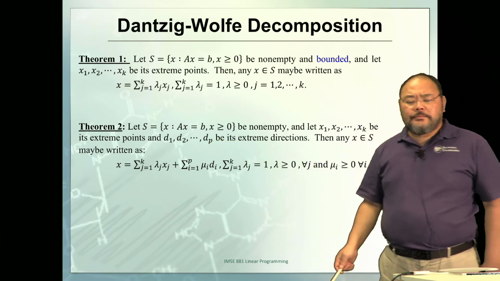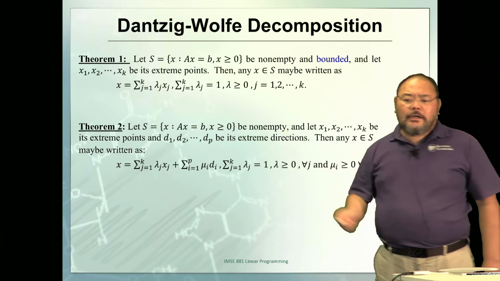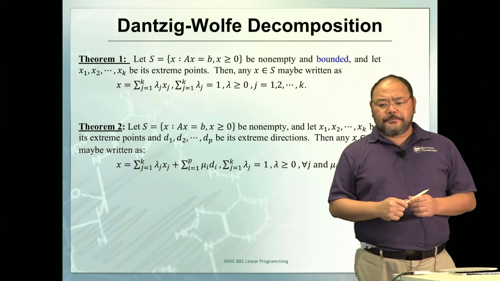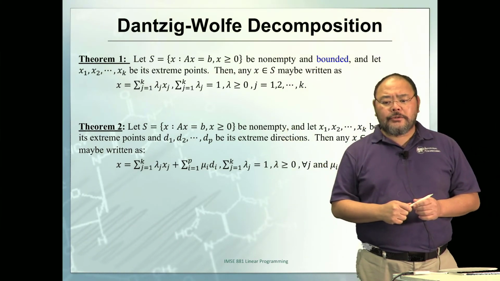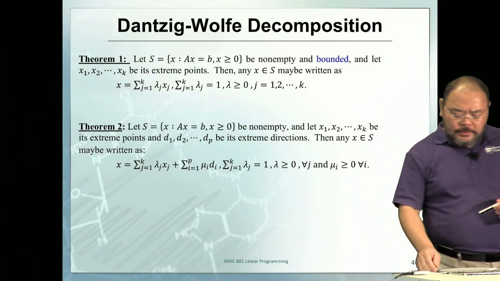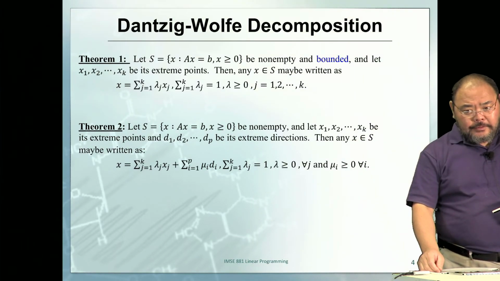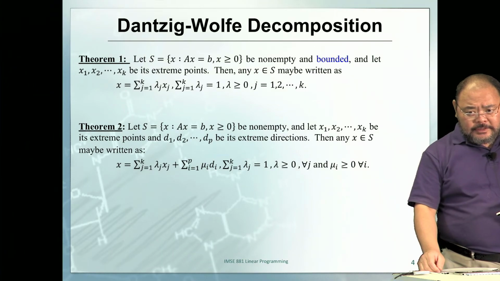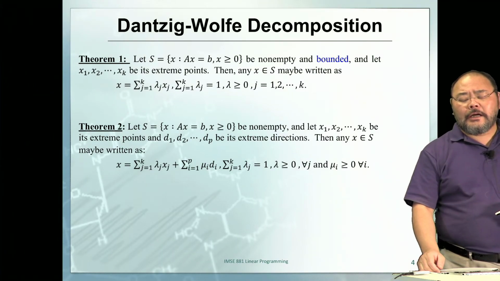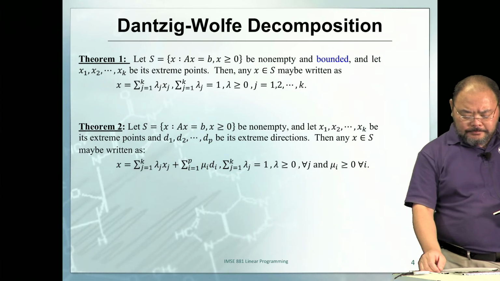So these are the general results from the polyhedral theory in lecture 2. We remind you again, because we're going to use this concept heavily to define our decomposition problems.